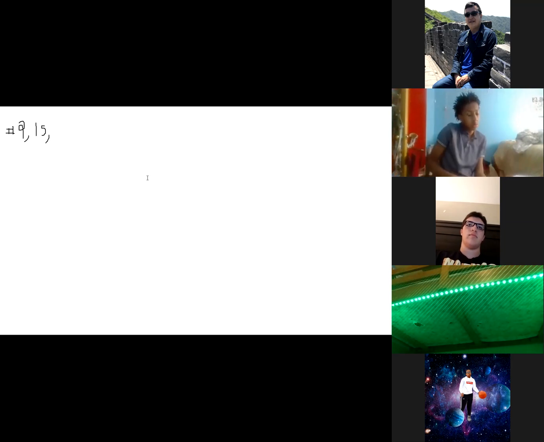Yeah, and maybe add one more from that same category. So maybe we'll put 13 as well. Then find the coordinates of the midpoint of the segments with the given endpoints. Okay, let's say 18 and 22.